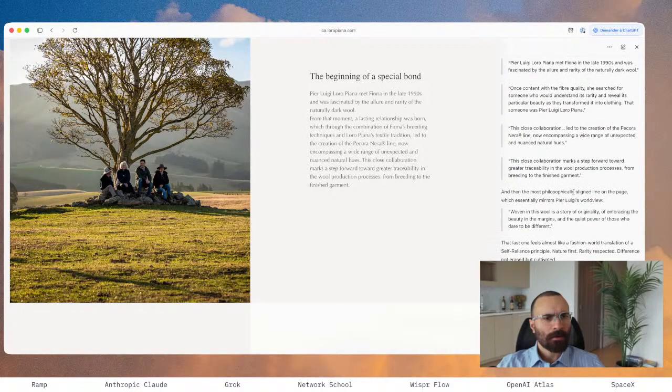Most philosophically aligned line on the page, which essentially mirrors Pier Luigi's worldview. Woven in this wool is a story of originality, of embracing the beauty in the margins and the quiet power of those who dare to be different.